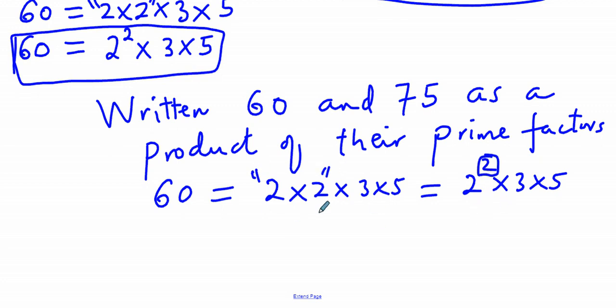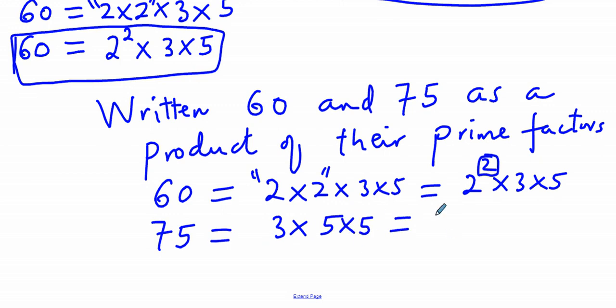Okay, so this is what we do if the question comes, like to write the number 60 as a product of its factors. The same applies to 75. We got something like 3 times 5 times 5, and this is shortened to 3 times 5 to the power of 2.